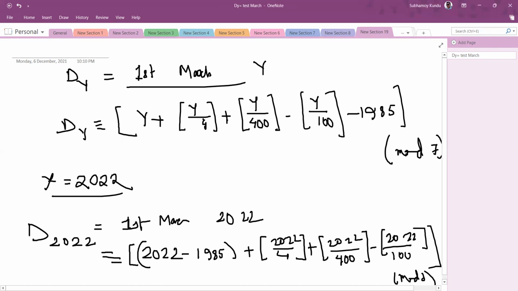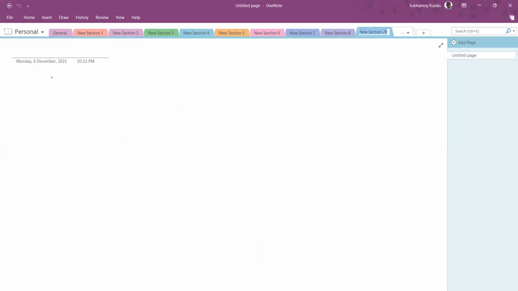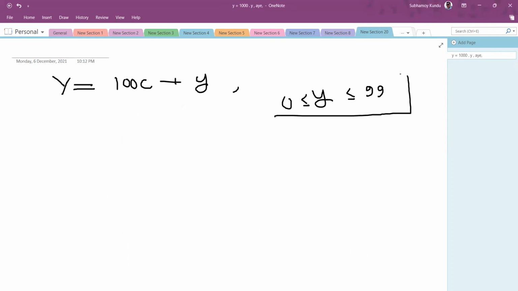That we have understood. Now I would like to make it simpler. We know every year we can write this way, like it is composed of 100c plus y, where y is nothing but a number from 0 to 99. Let's insert for 2022. C is 20 and y is 22.